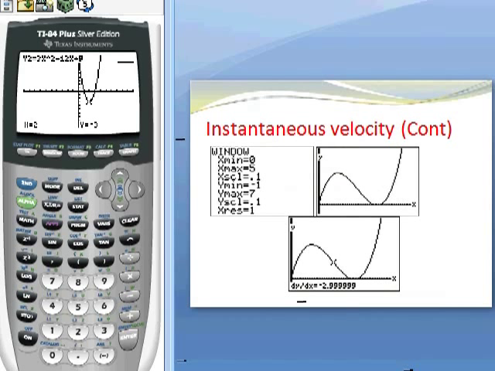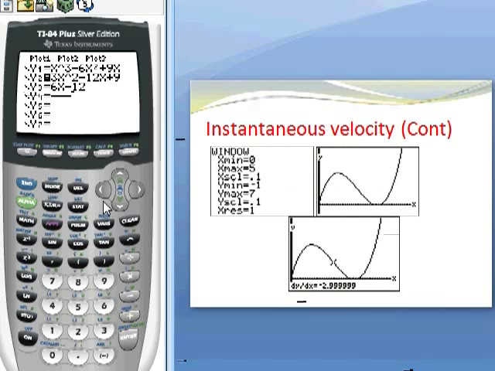Now if you want to see these things, you can make that active by pushing enter, and you can modify your window to see a nice graph. Let's try that. I will go from 0 by pushing window.